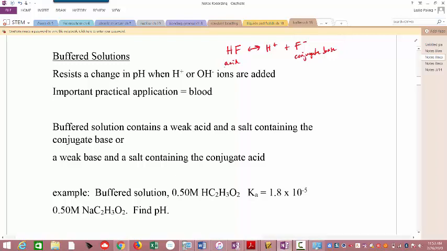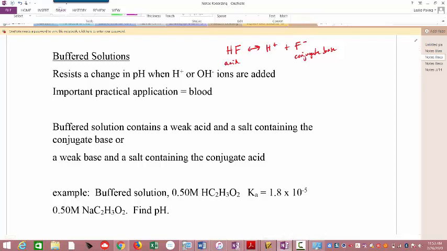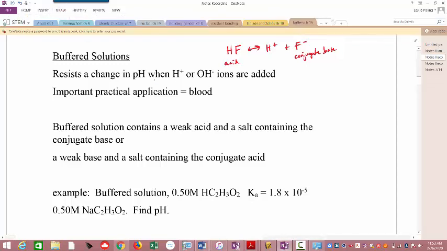So by having both of those, if you add H plus, it can react with the base. But if you add OH minus, it can react with the acid. A buffered solution essentially has acid and base already available to react with whatever you're adding.